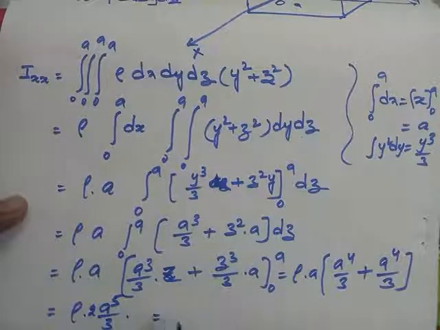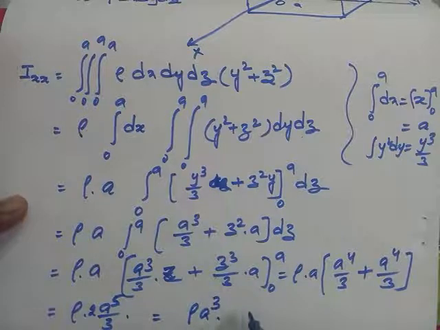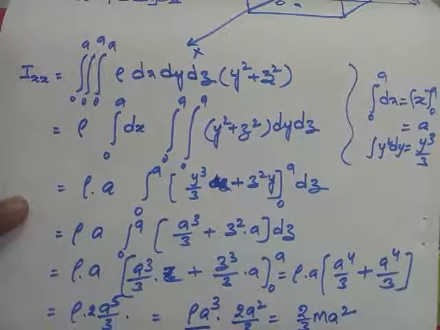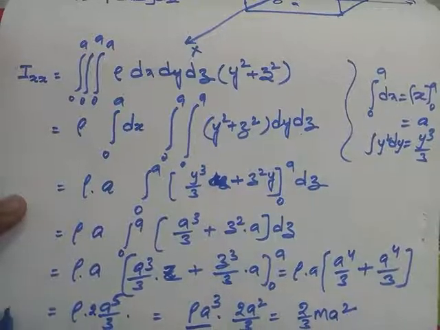Again we write this as rho a cube times 2a square by 3, and rho a cube is equal to the mass m. Then we write 2 by 3 m a square. This is Ixx.